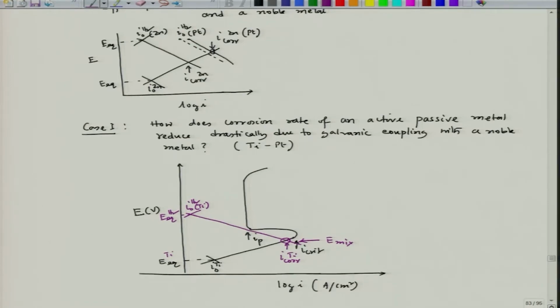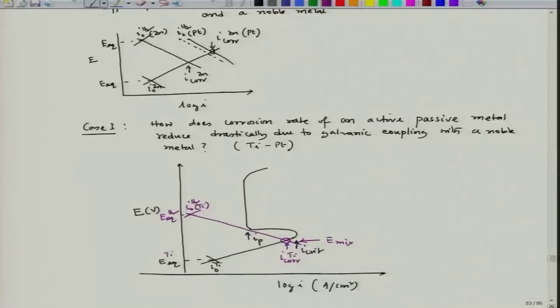Now, if we have platinum on titanium surface, then the platinum will provide surface for hydrogen evolution reaction. And again the exchange current density of hydrogen evolution on platinum surface will come into picture.